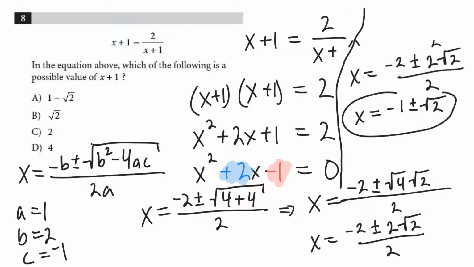Okay, so that's our solution. And if we think about the positive, it'd be negative 1 plus the square root of 2. All right, and if we add 1 to that, it would just be the square root of 2. And if we think about the negative, it'd be negative 1 minus the square root of 2. Well, plus 1 would just be negative square root of 2. So B is our solution.